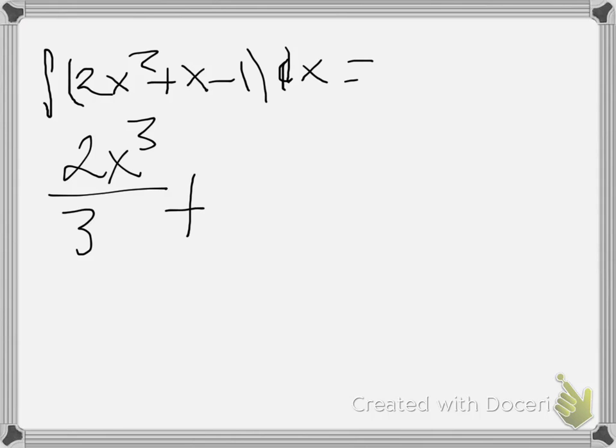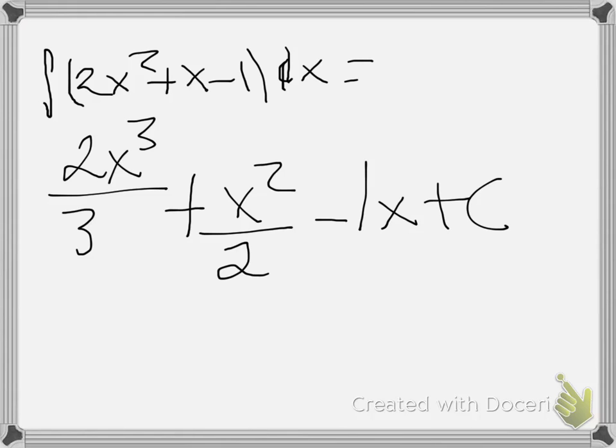plus x to the 1 power, because even though it does not have a power sign above it, it's still to the 1 power, would be x squared over the new power, which is 2, minus 1 times x, 1 being a number which would be k in the previous example, plus c, the constant.